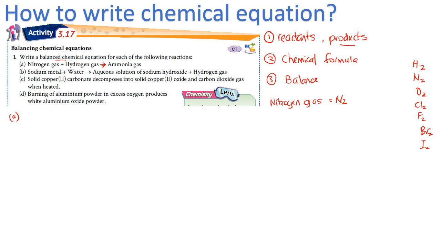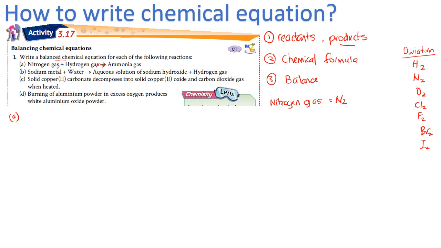These substances always exist as diatomic molecules in nature. So nitrogen, oxygen, hydrogen gas, chlorine gas, fluorine gas, bromine liquid or iodine solid are always written as diatomic. So nitrogen gas is done.